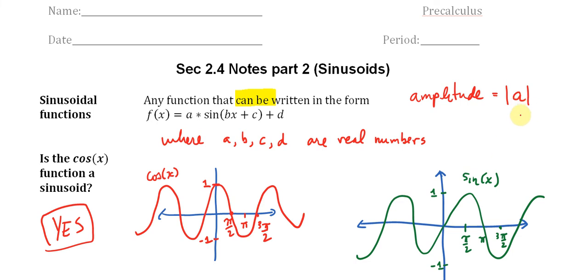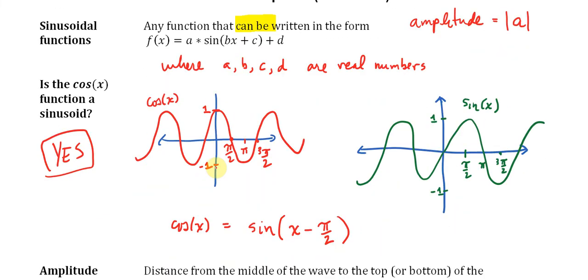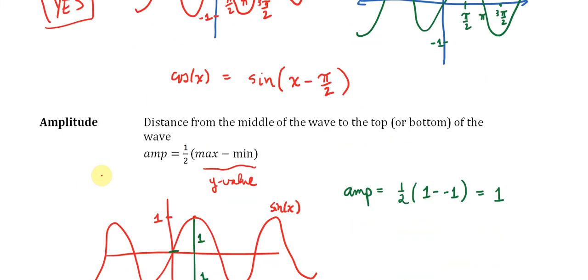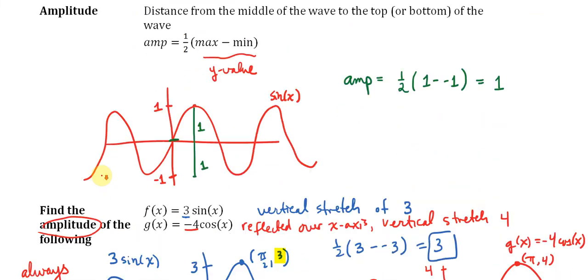And again, we use the absolute value because the amplitude will always be positive, even if a is a negative number. And we'll bounce back and forth to this definition as we go on with the lesson, because we want to determine how these letters affect the different parts of the graph. All right, so that's the amplitude.